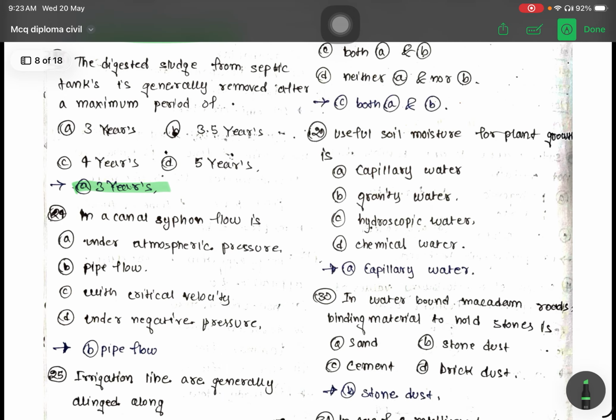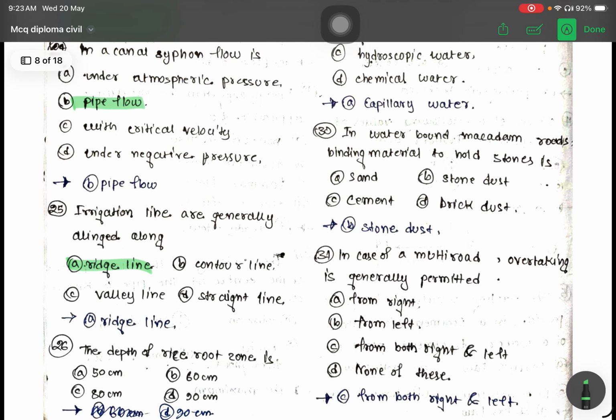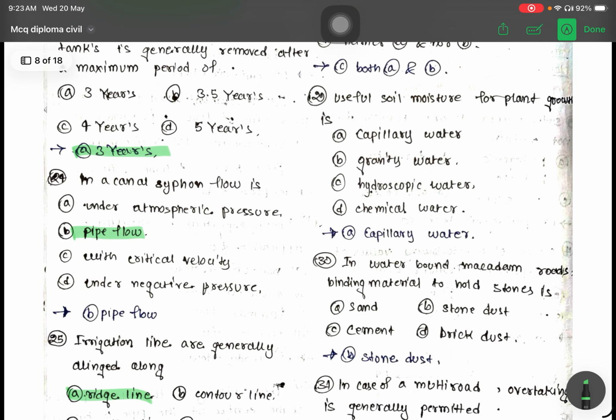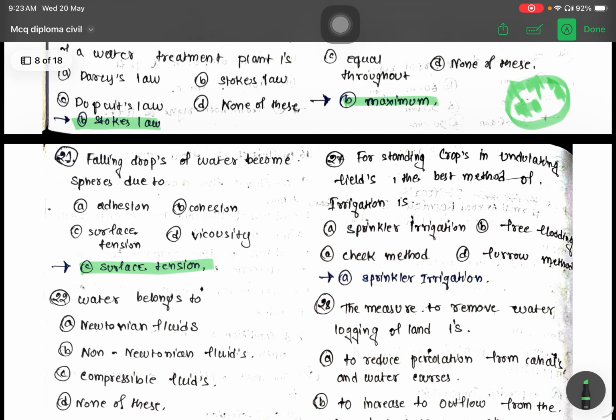In a canal, siphon flow is pipe flow. Irrigation lines are generally along the ridge line. The depth of the rice root zone is 90 centimeters. For standing crops in undulating fields, the best method of irrigation is sprinkler irrigation.